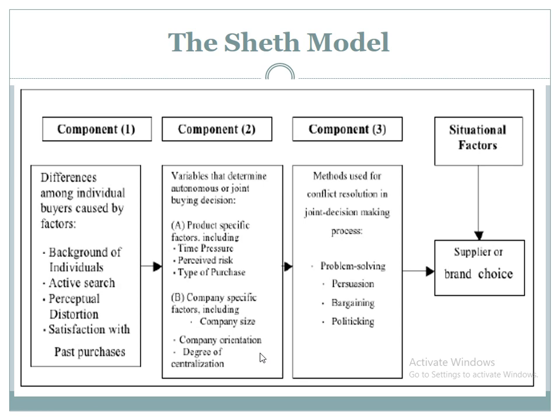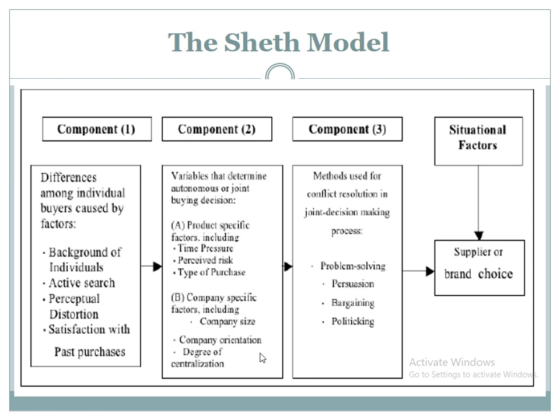In component 2, that you can see in the figure, there are 6 variables which determine whether the buying decisions are joint or autonomous. According to the Sheth model, the larger the size of the organization and the higher the degree of decentralization, the more will be the possibilities of joint decision making.